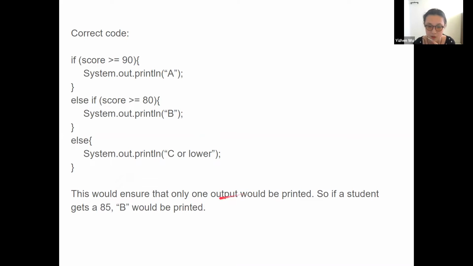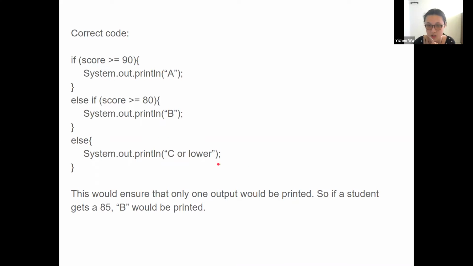For example, if a student gets an 85, we test if it's greater than or equal to 90, which is not. Then we test the else if, and this executes to be true, and a B is printed. Since this code is already being satisfied, nothing else is going to run. So the program is not going to go to this part and print C or lower.